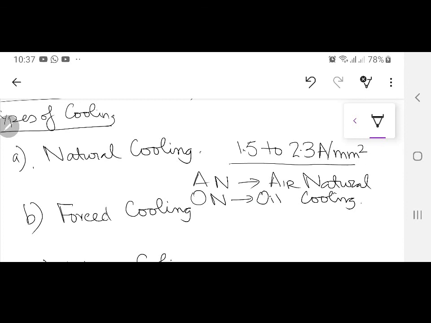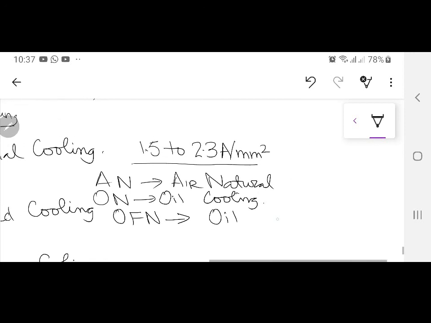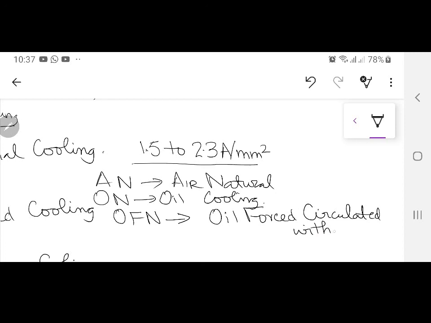N stands for natural, A air, O oil, and then there is another term called OFN, which is oil forced circulated with natural air cooling. Now इसके अंदर फोर्स का लफ्ज आ गया, इसका मतलब ये है कि आपके पास जो भी ट्रांसफार्मर है उसके टैंक के अंदर एक पंप लगा दिया गया है.